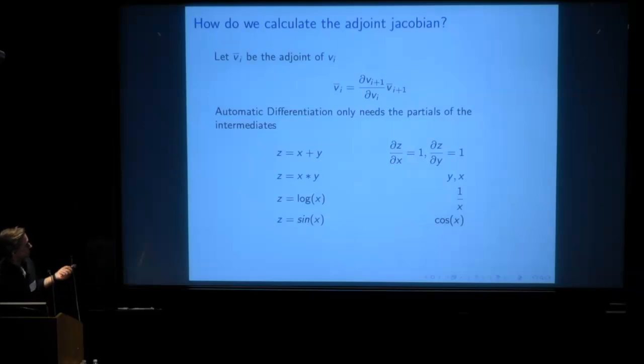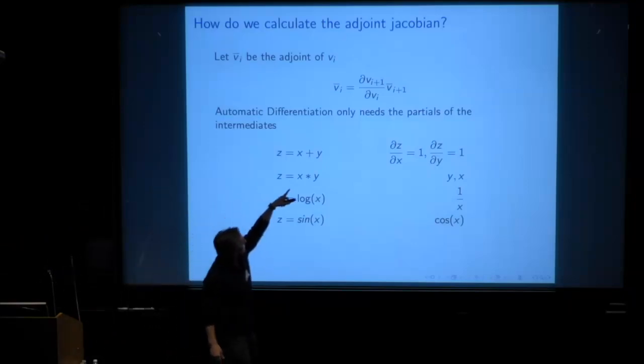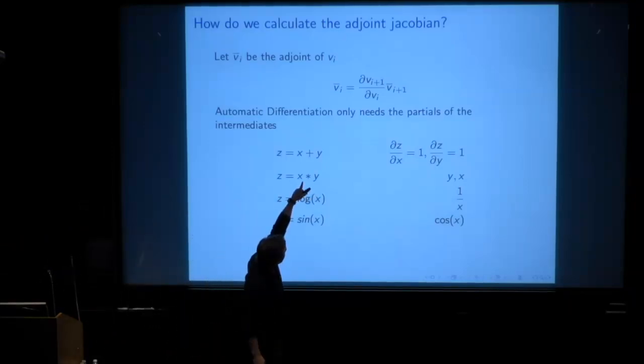And starting from the very bottom, we're going to be applying this top level equation where the gradient of our current intermediate step is equal to the partial of our child intermediate step with respect to our current intermediate step times the gradient of our child intermediate step, i plus 1.